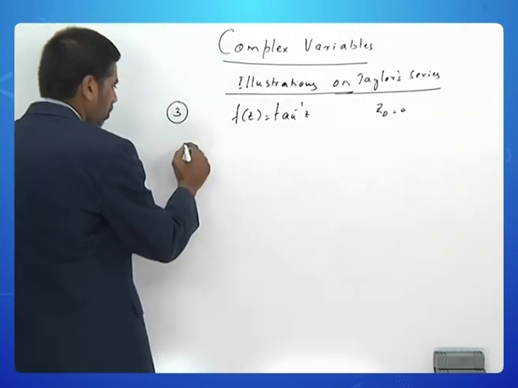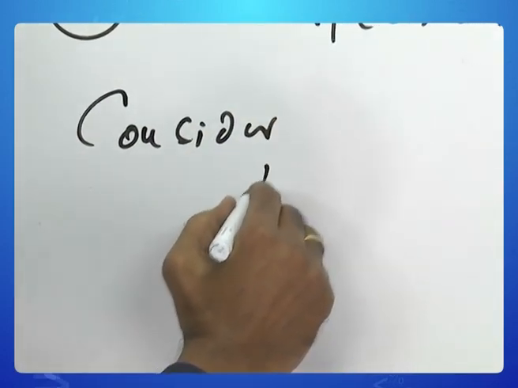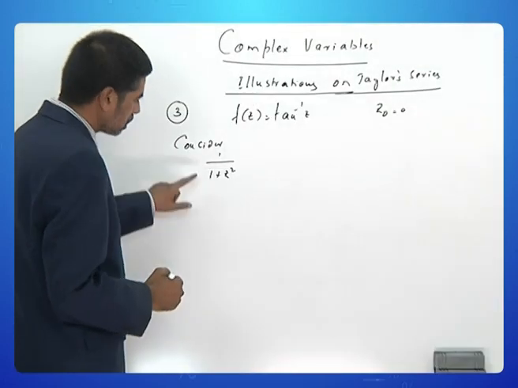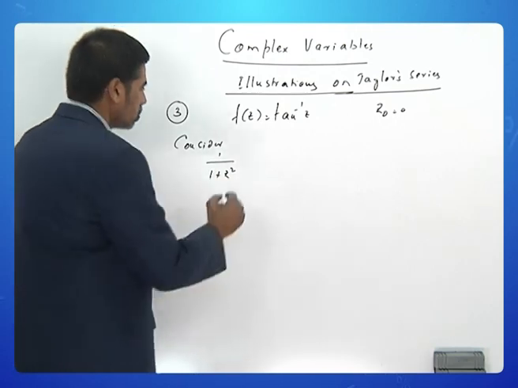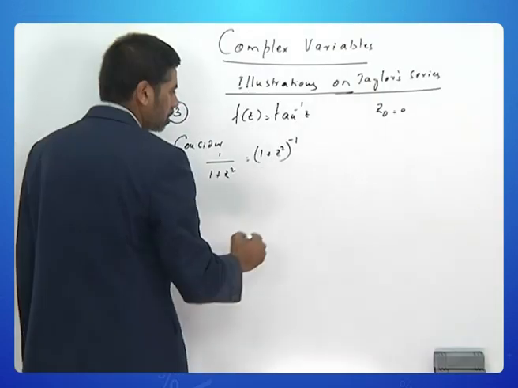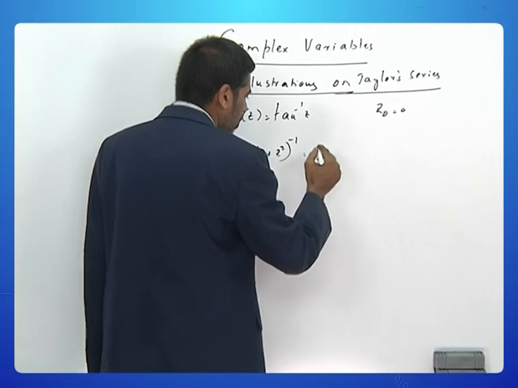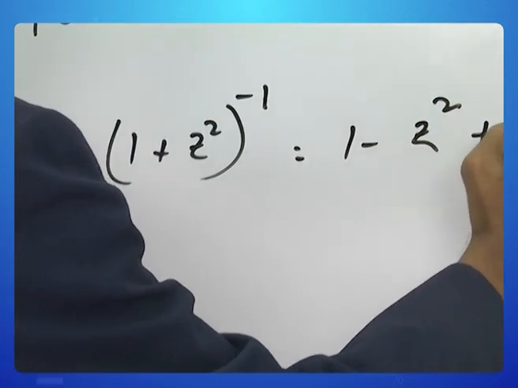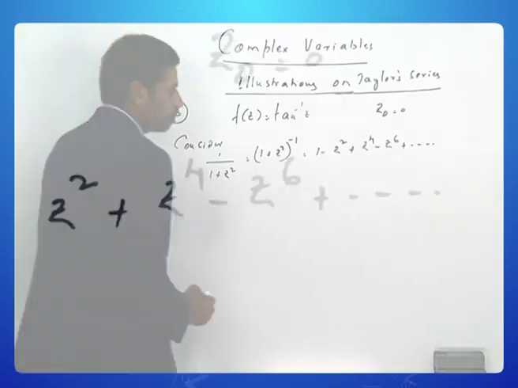That method is, you first consider 1 by 1 plus z squared. You know this is related to tan inverse z as a derivative of tan inverse z. So this can be written as (1 plus z squared) whole inverse, and this can be given by normal expansion, and we will have 1 minus z squared plus z to the power of 4 minus z to the power of 6 and so on.